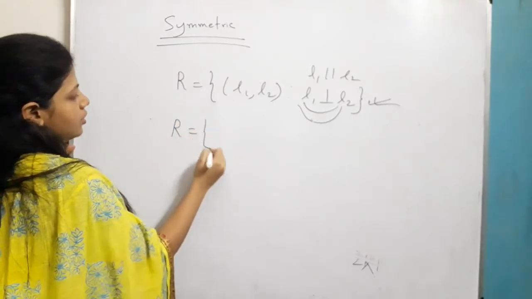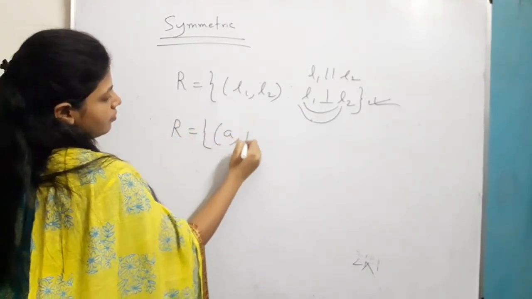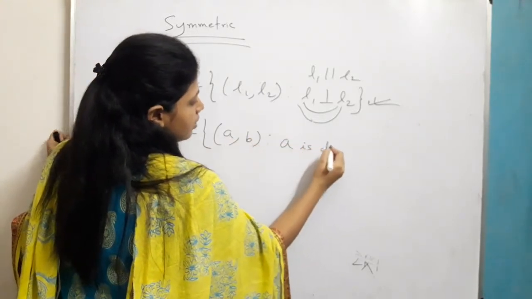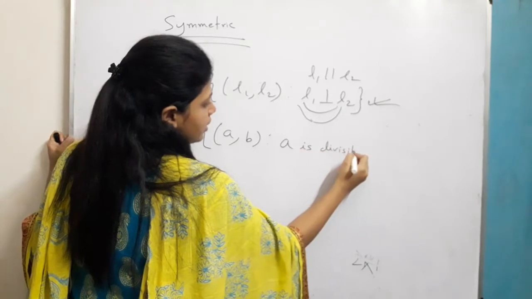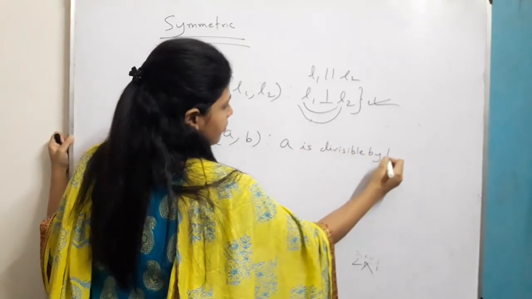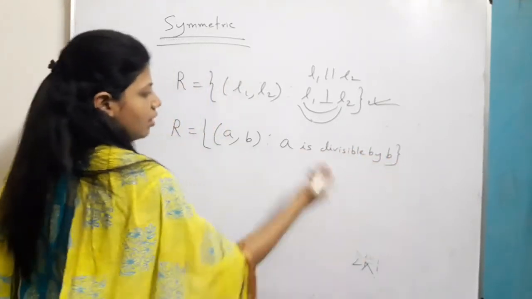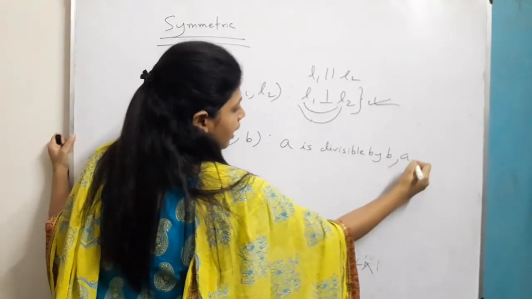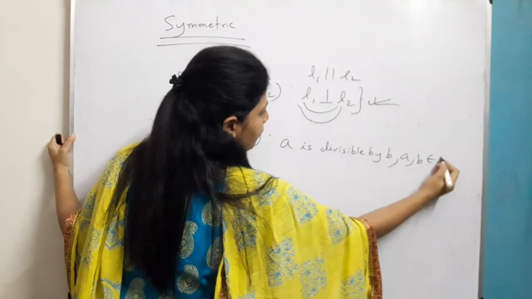Next, R equals to (a, b), a is divisible by b, and a, b belongs to natural numbers.